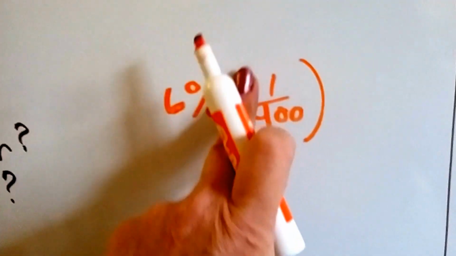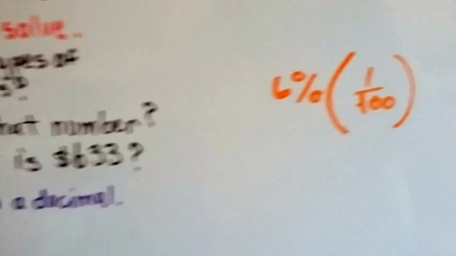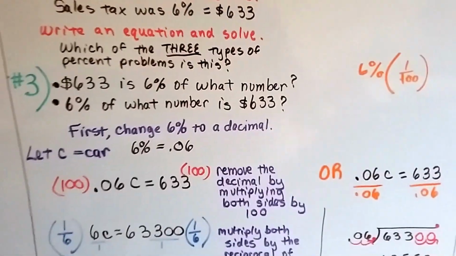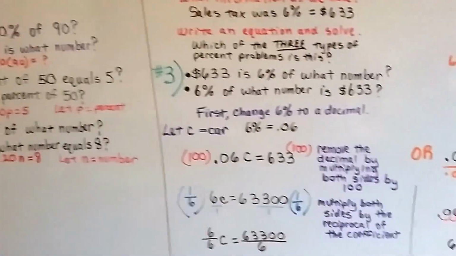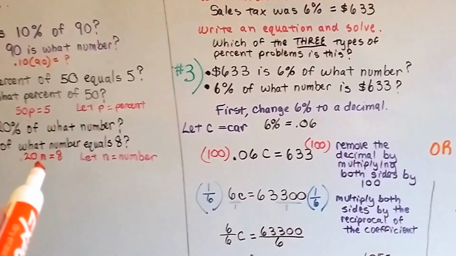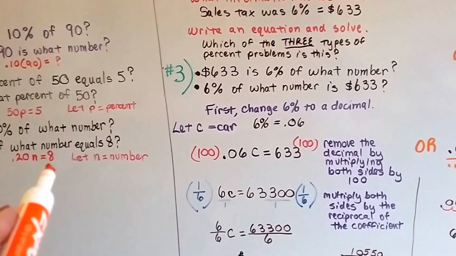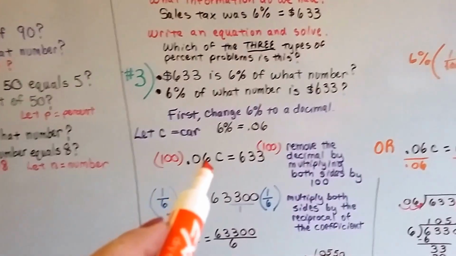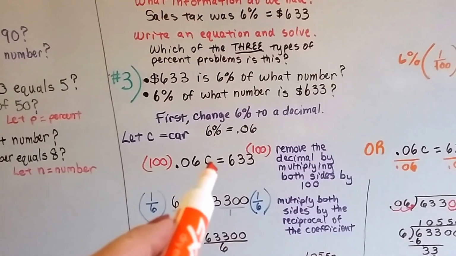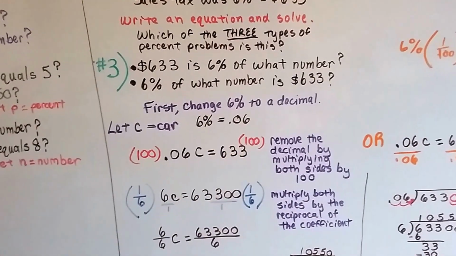And then that'll give you the decimal, okay? And that was in a previous video, and I'll have a link for that, okay? So remember, we had the decimal, and then the variable is going to equal the number. So we've got the decimal, 0.06, and the variable is going to equal the number, the 633.